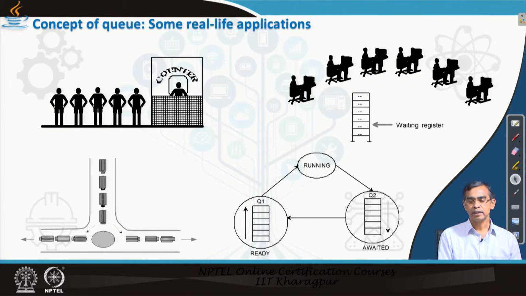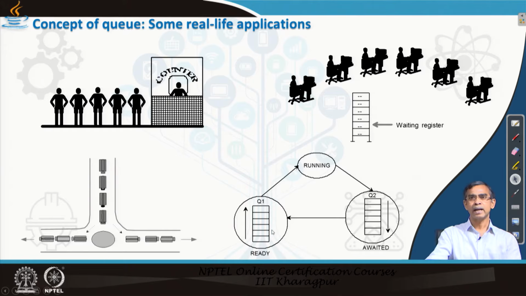So, all the clients should be queued, and then the server will process each client according to the queue. The one who appears first should be served first, and that is why stack, for example, is called LIFO, last in first out, but queue is called FIFO, first in first out. So, whoever joins the queue first will be served first. This is the concept.